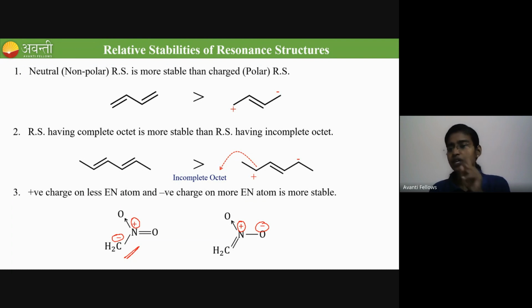Who is the first most electronegative element in the whole periodic table? Do any of you know the answer? Chlorine? No. First most electronegative. Very good, fluorine.